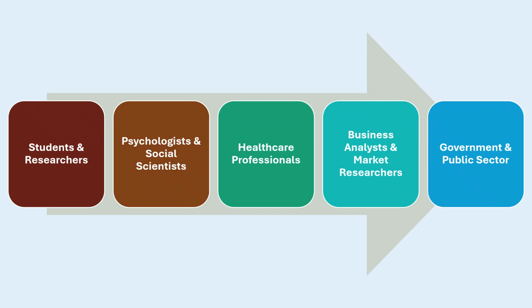Then there are psychologists and social scientists. They use it to study human behavior, social trends, and patterns, basically making sense of people's actions. Next, healthcare professionals. From analyzing patients' data to running clinical trials or research studies, SPSS is the go-to tool.